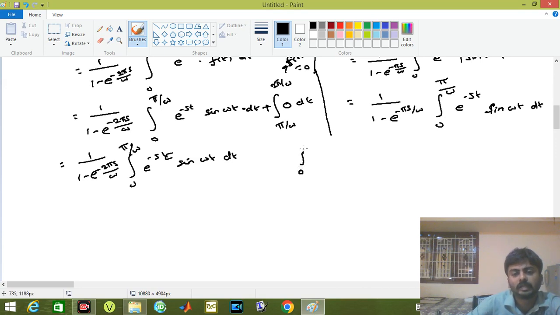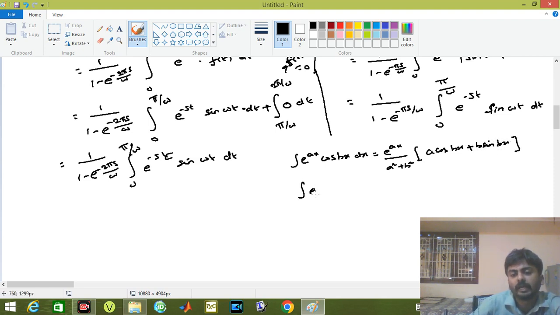Whatever may be the integral, the integral of e power of ax cos bx dx gives e power ax by a square plus b square into a cos bx plus b sin bx.